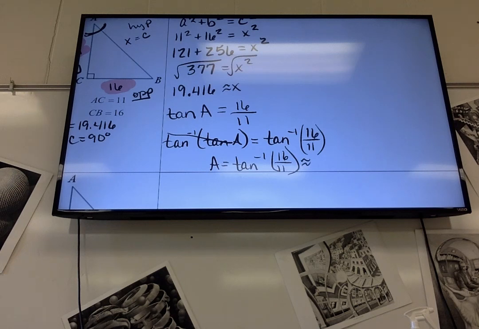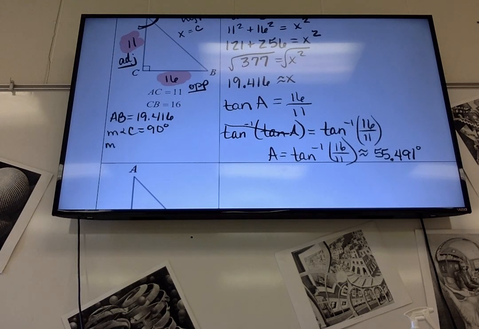What did you guys get? And that's degrees. So the measure of angle A is 55.491.